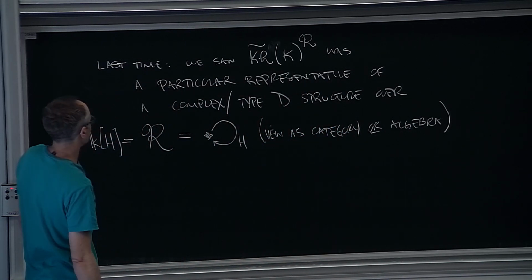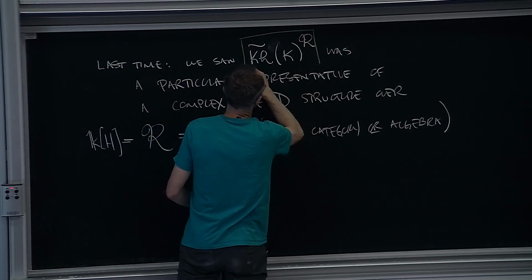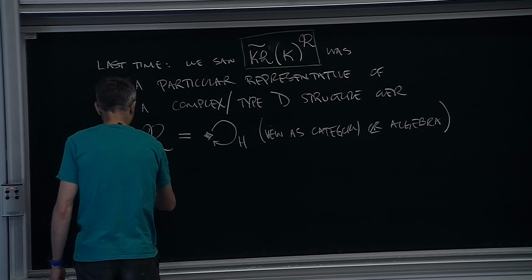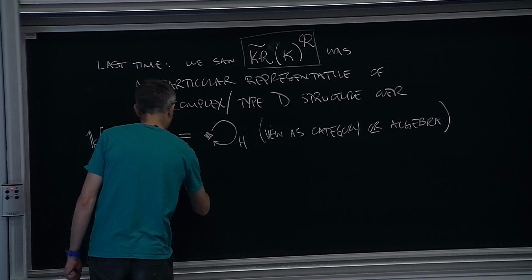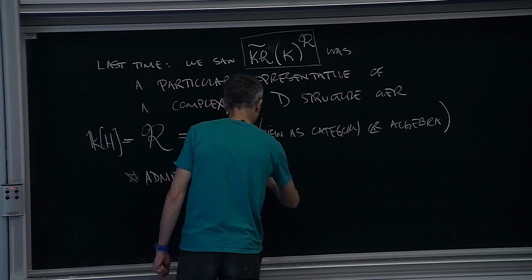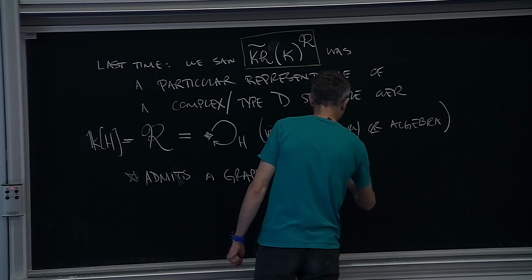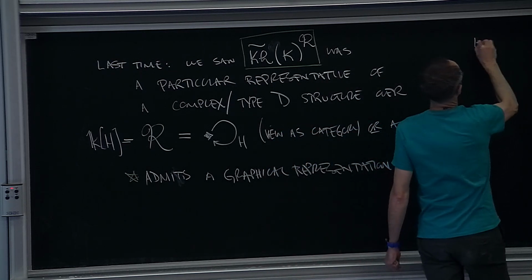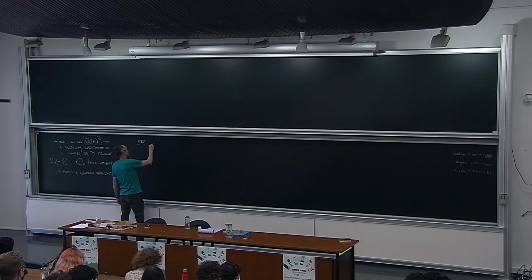Okay, so what does that give us, this particular representative? The surprising fact is that this admits a graphical representation. I cooked up a slightly different example.